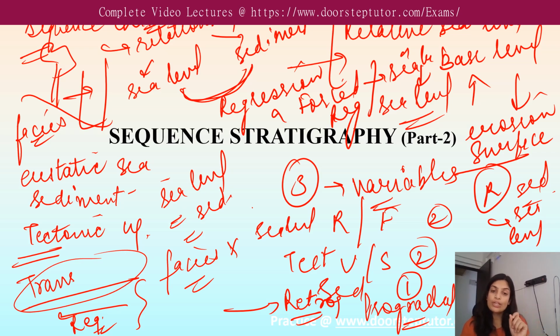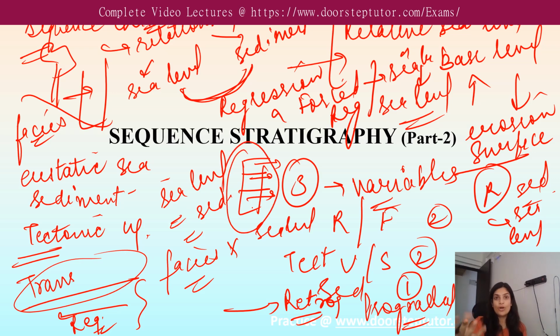So when you see a succession, if here is offshore, again offshore will be there, again offshore will be there. You understood? So what is happening? The same nature of lithology will be observed one above another, and this is nothing but what is known as aggradation. So these were some of the factors which we discussed in the last lecture, right?